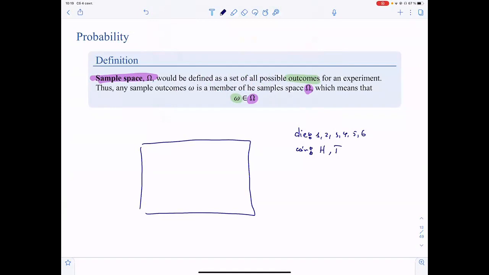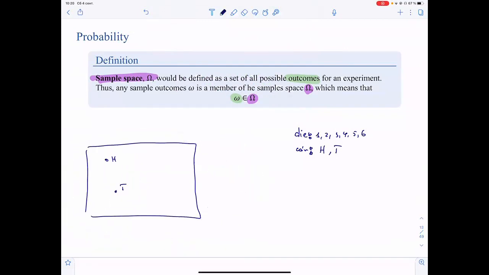So here we presented sort of a picture that may collect the outcomes of an experiment related to tossing a coin.